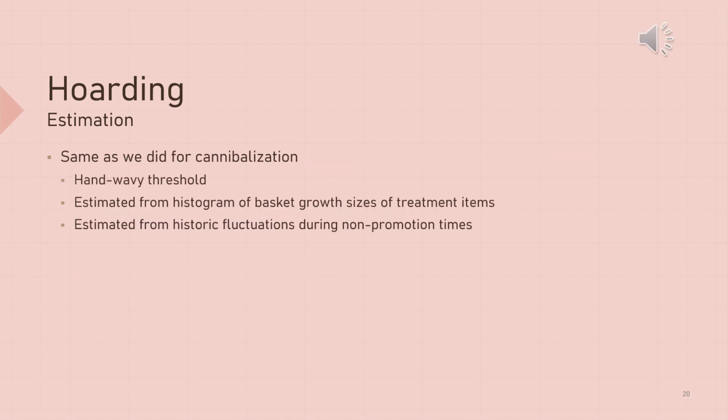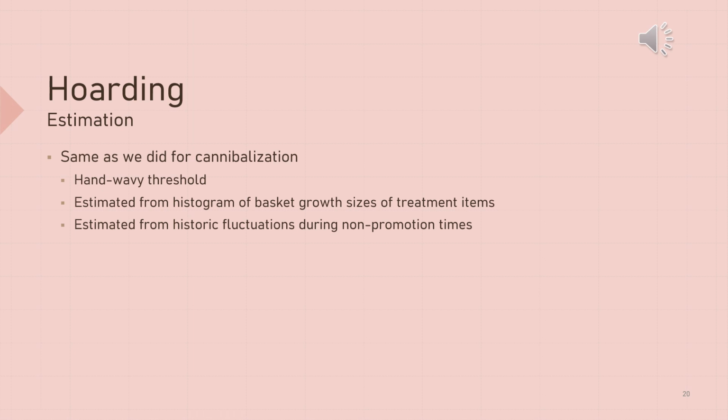Once you obtain the basket growth rate, we have the same dilemma we had while we estimated cannibalization. How big does basket size growth have to be to be deemed hoarding? Either we have a hand wavy number, or we look at a histogram of all the treatment items and their basket size growth, and come up with an empirical number.